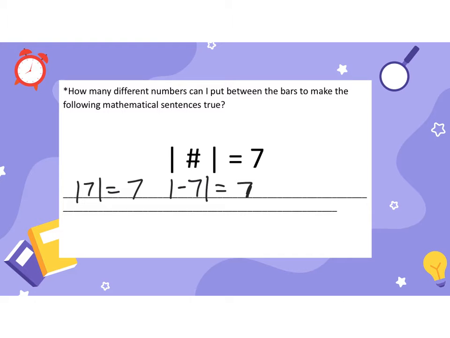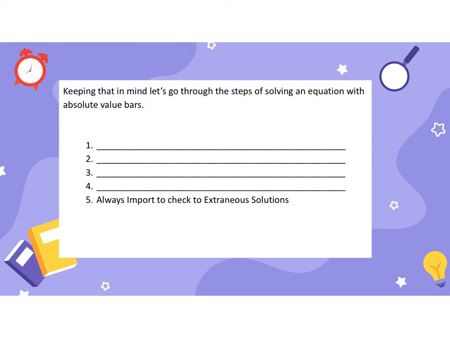Yes. And then we could also throw in some fractions. For instance, 14/2. We know that simplifies down to 7, right? Or -14/2. And we could keep going. There are a million mixed numbers that would equal 7 if we simplified them down. But just know that anything in those bars comes out positive.